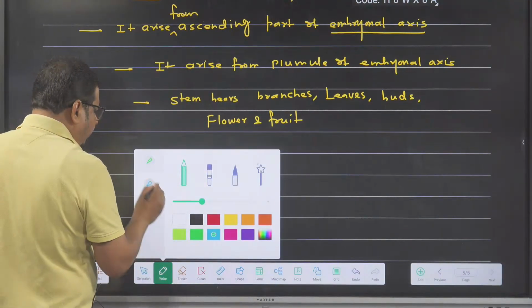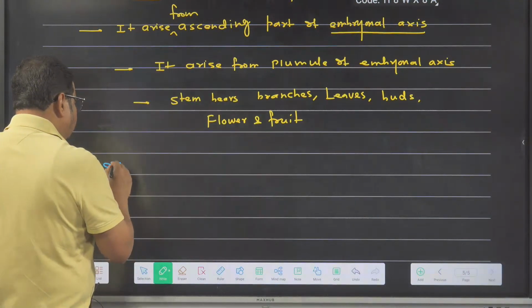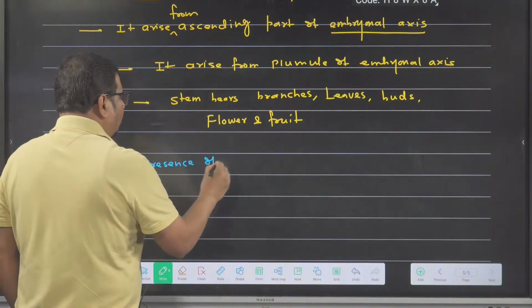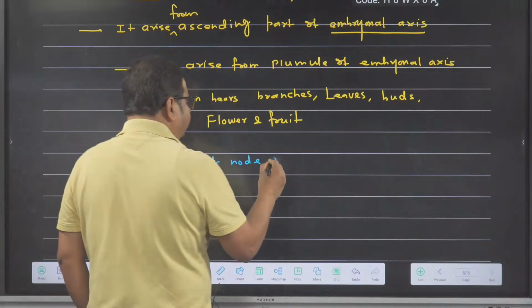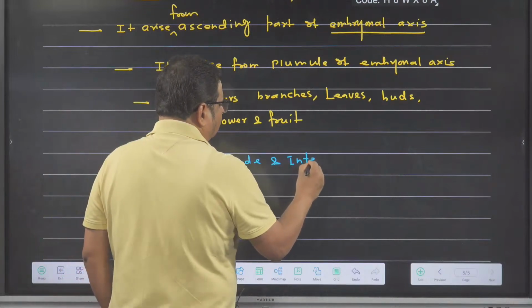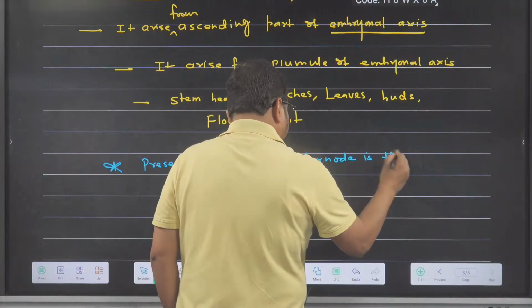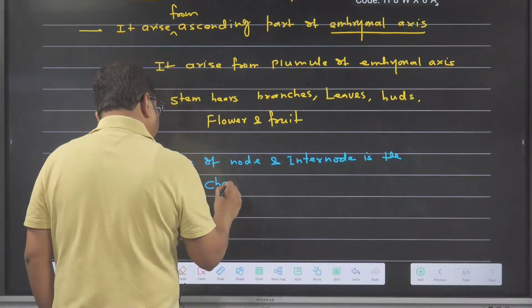Now I am writing a very important line. Presence of node and internode is the characteristic feature of a stem.